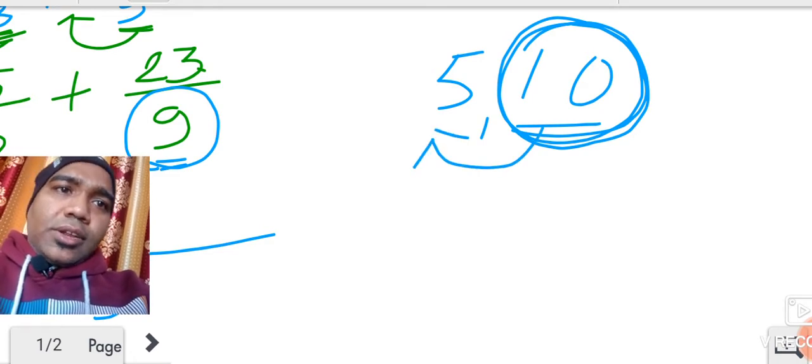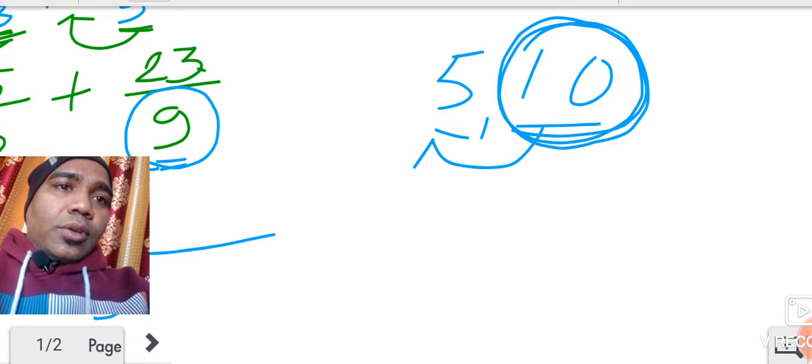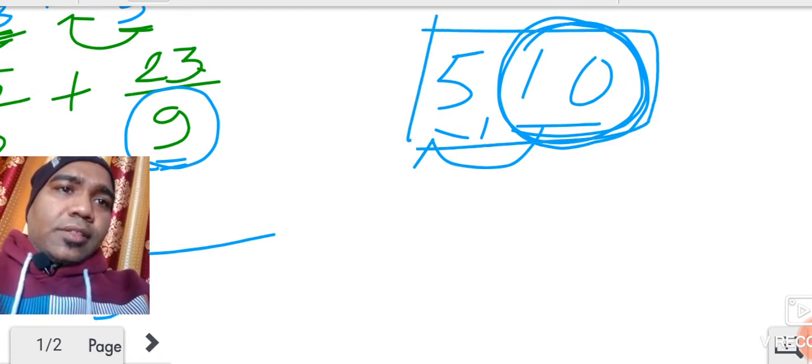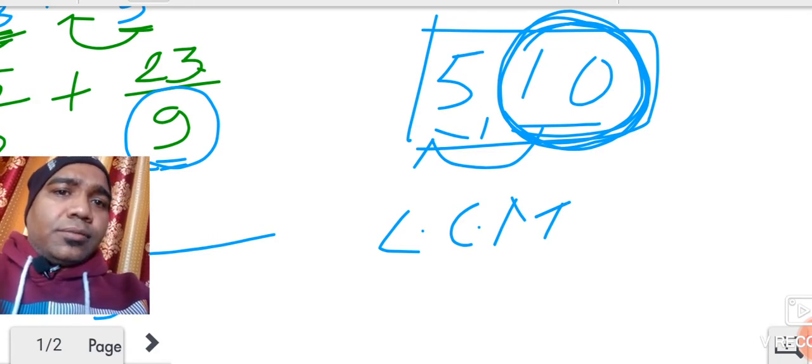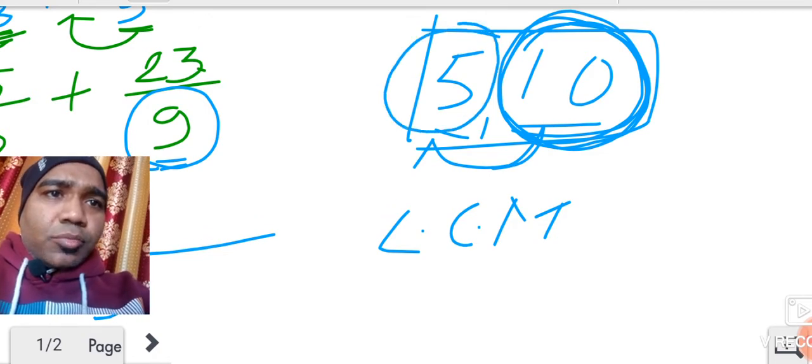Yes, it is divisible by 5. 5 times 2 is 10. Okay, so if you have to find the LCM of two numbers, the larger number will become your LCM automatically, by default, if the larger number is divisible by the smaller number.